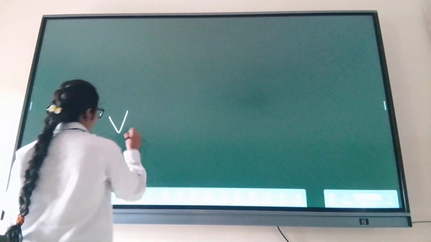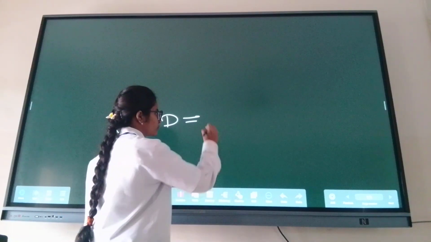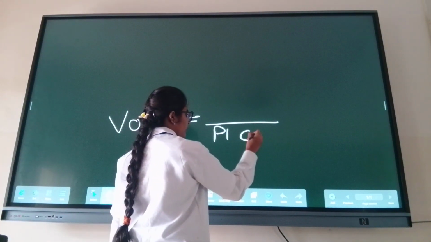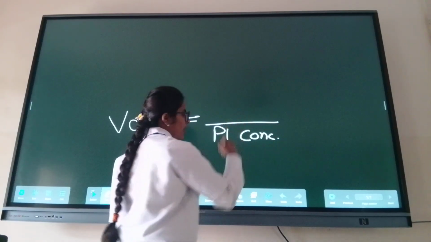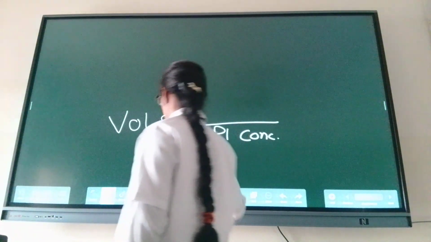One more point, that volume of distribution is equal to the dose administered upon plasma concentration.